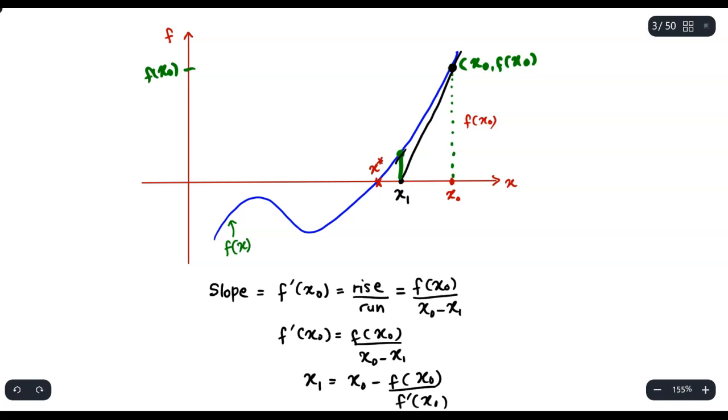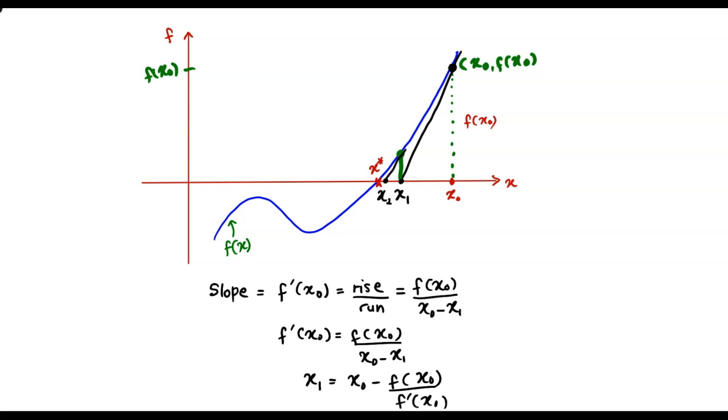It should be a straight line anyway. Now this value here is your x2. So you see, you are getting closer to the actual root that you want to get.